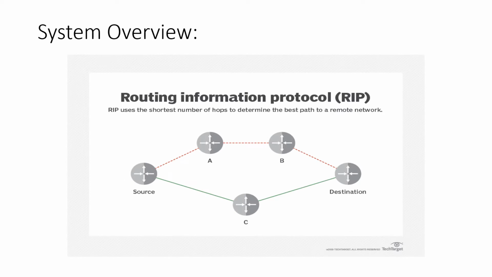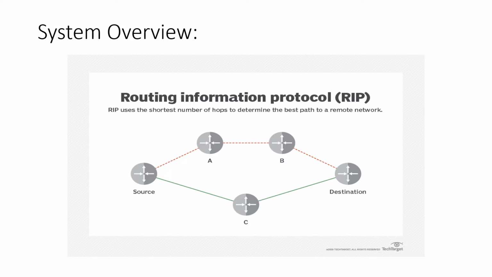So let's see how routing information protocol works from the example. From the image, you can see there are a total of 5 routers: A, B, C, source and destination. So here the main goal is to send a packet from source router to destination. For the first time, we have to find out which is the shortest route to take by counting hop counts.